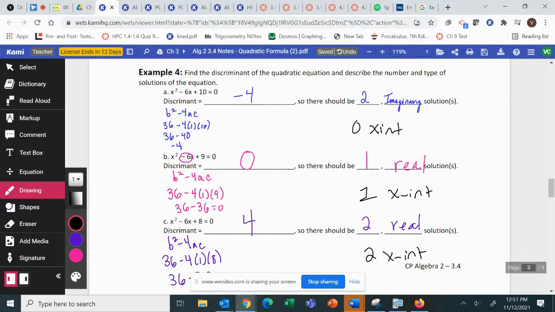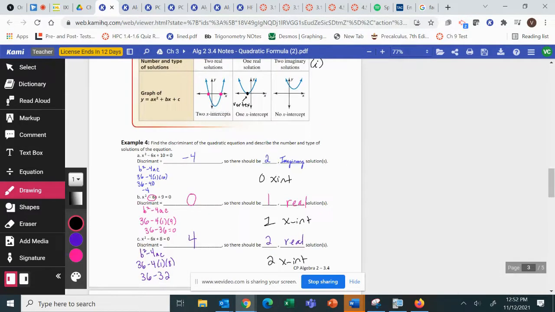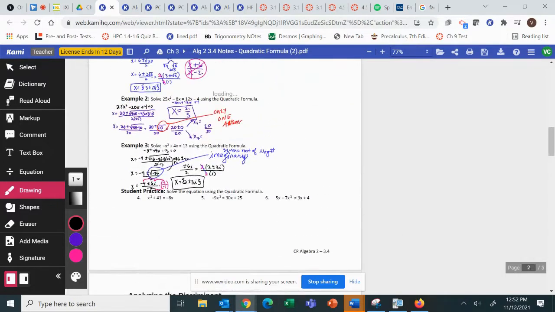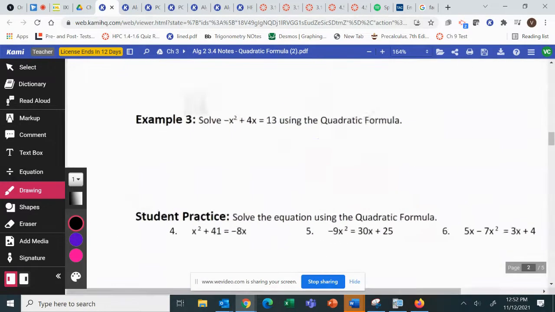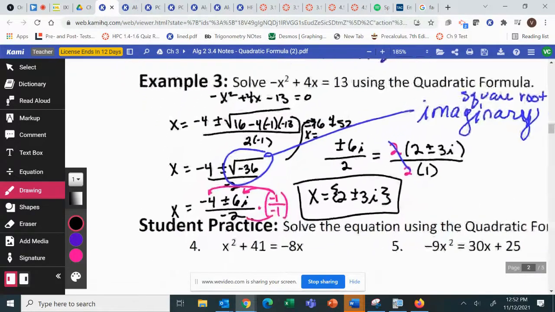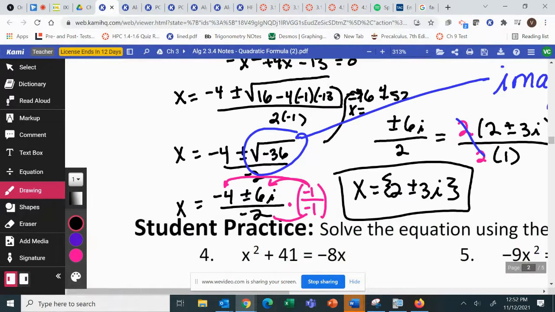So how could I possibly get 1 imaginary solution? I'll go back to example 3 from yesterday. How did we get 2 imaginary solutions yesterday? Well, we did the quadratic formula.